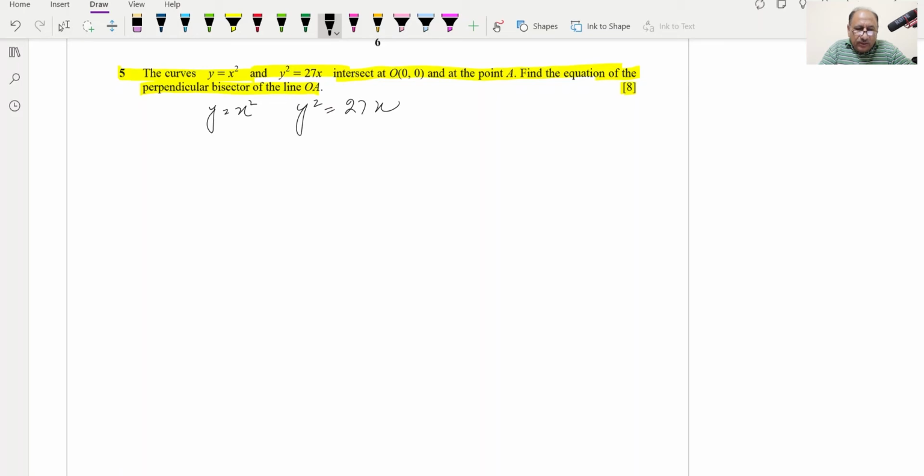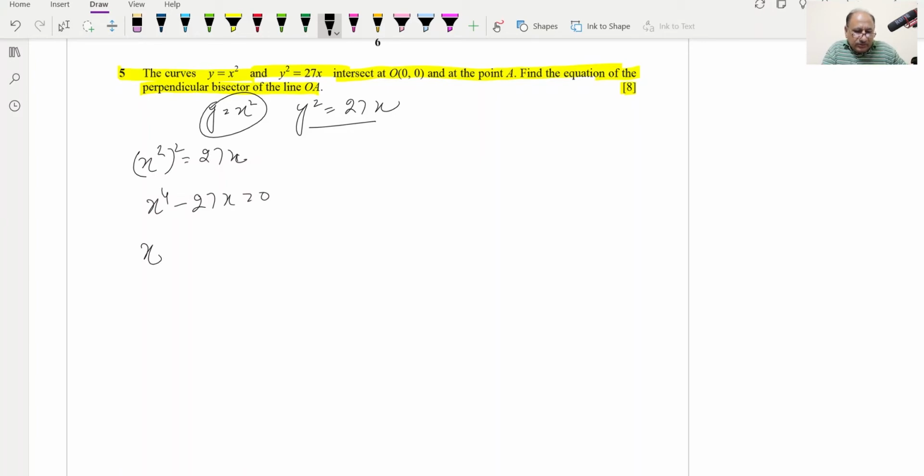This implies x square whole square, we are replacing this value in this equation, so this will be equal to 27x. This implies x raised to the power 4 minus 27x will be equal to 0.